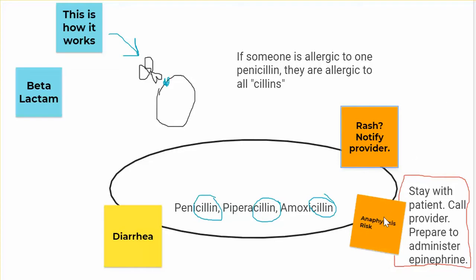If it's a severe anaphylaxis risk, prepare to administer epinephrine. Epinephrine would be the first thing that you gave, right? And then also know that if somebody's allergic to penicillin, they're allergic to all the cillins. If somebody's allergic to amoxicillin, they're allergic to all the cillins. So if you're allergic to one, you're allergic to all.